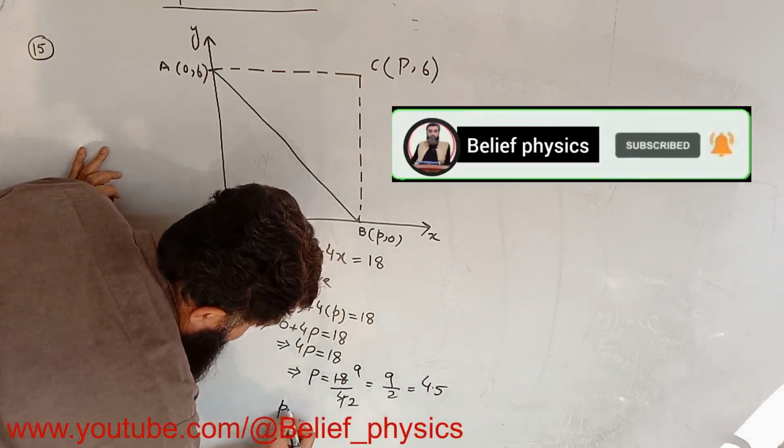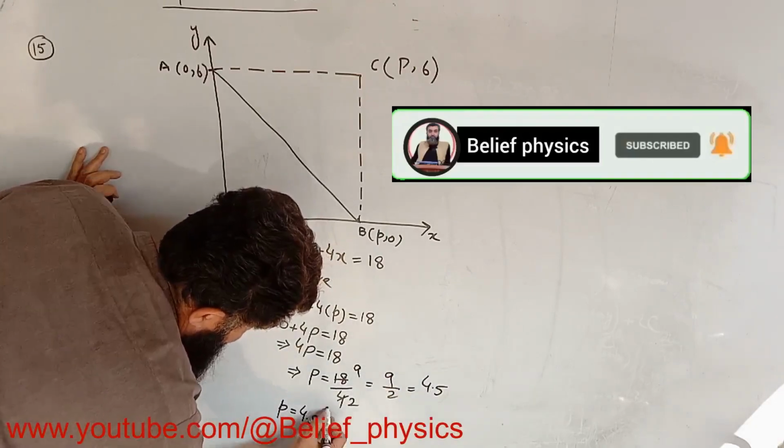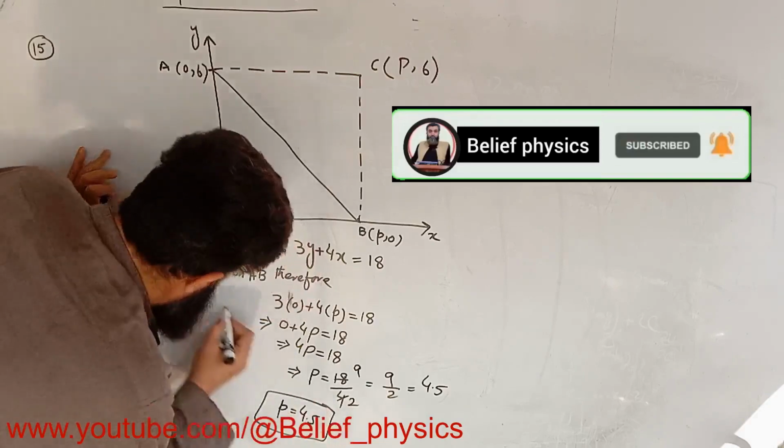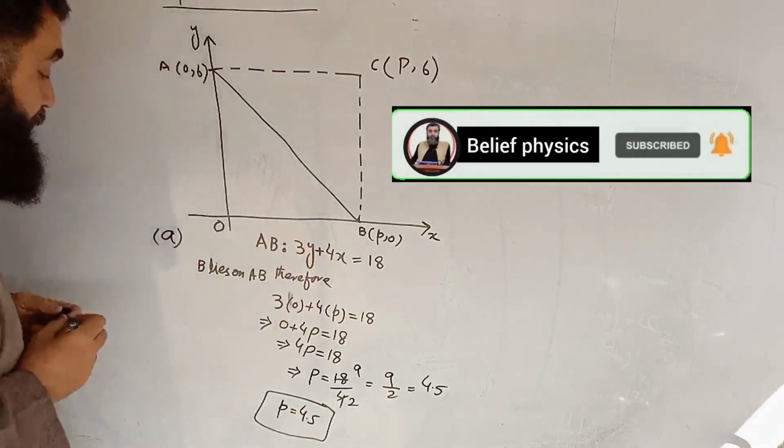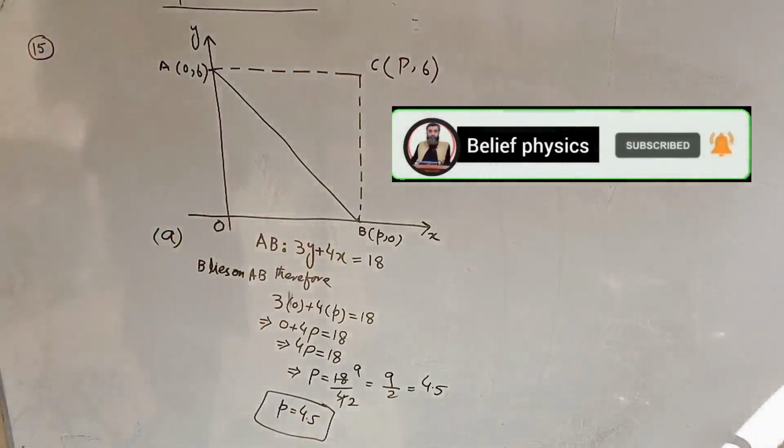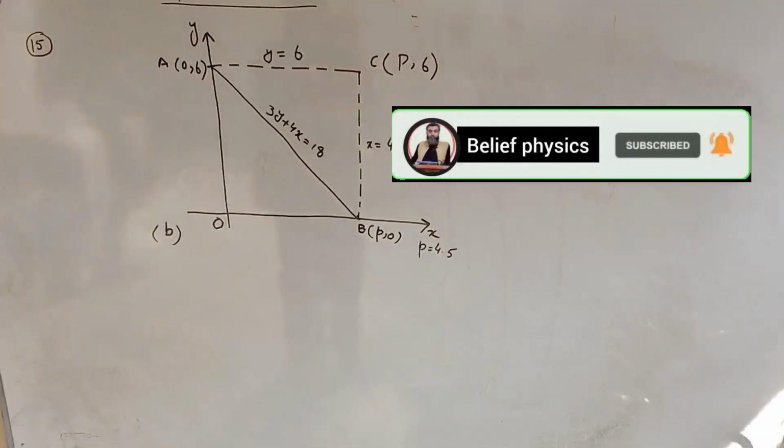So P is equal to 4.5 is the answer of part A. We have solved part A, that is P is equal to 4.5.